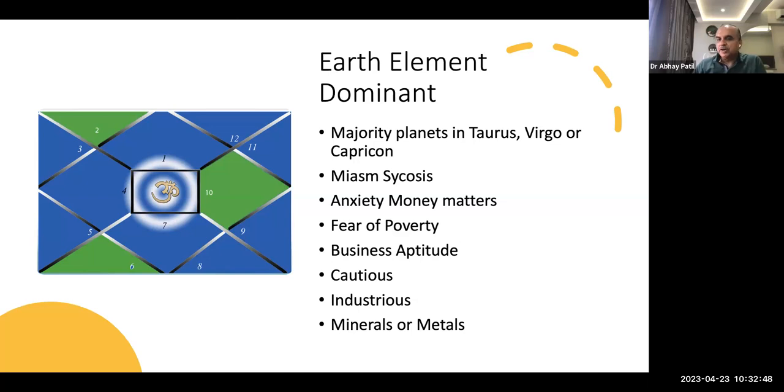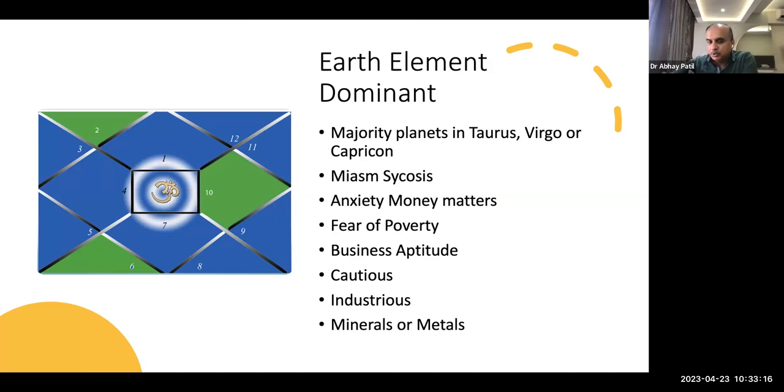So when you have the majority of planets in Taurus, Virgo, you will consider the person to be earth dominant, or you will consider the person to be a mineral remedy. The chances of him being a mineral remedy increase significantly. Or a remedy which has come from the ground, not plants, because the predominant miasm becomes psora.